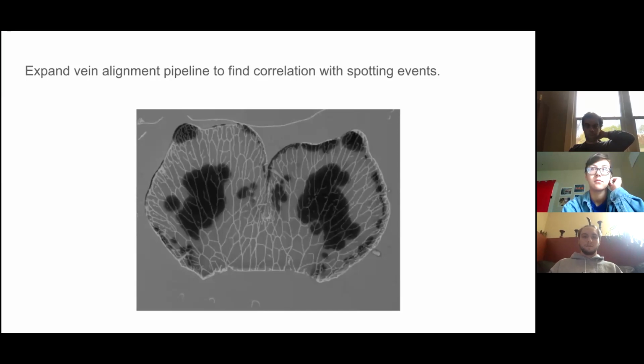The first one would be to expand the vein alignment pipeline to actually look for the correlation with the spotting events. As we saw earlier, we can already output where those spotting events happen, but we don't really know where the actual veins are. And as this is something that they're doing manually, it would be a good thing to apply if we could.